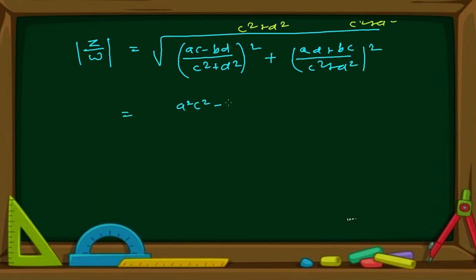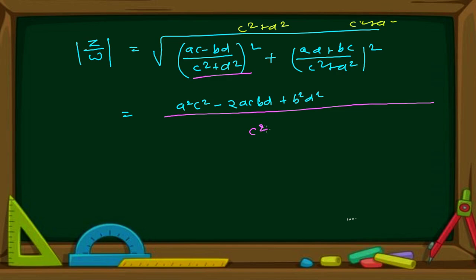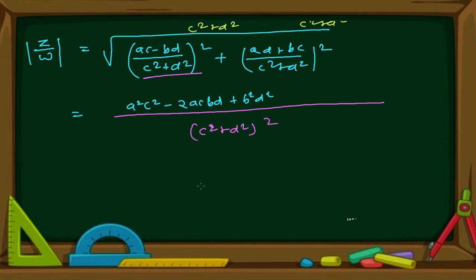a squared c squared minus 2acbd plus b squared d squared. In both terms, if you see properly, we have c squared plus d squared, whole squared. So what we're going to do, in the numerator, we're going to take c squared plus d squared complete whole square together. We're taking LCM here, all right? And then here also we can directly use the formula of a plus b whole squared, so a squared d squared, that is a squared d squared plus 2adbc plus b squared c squared.